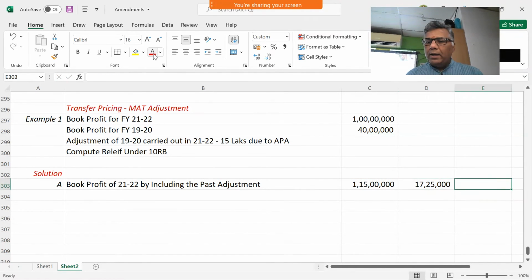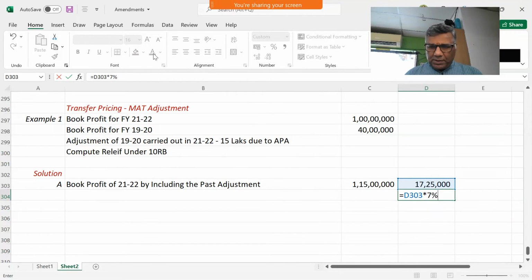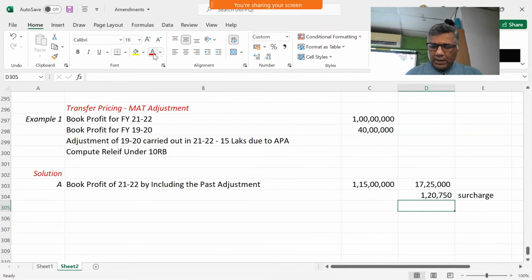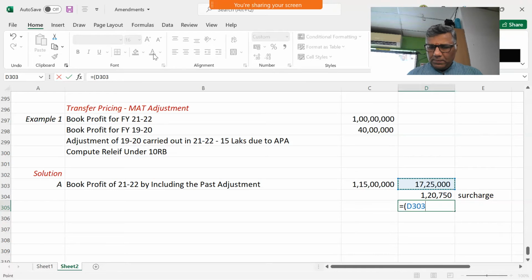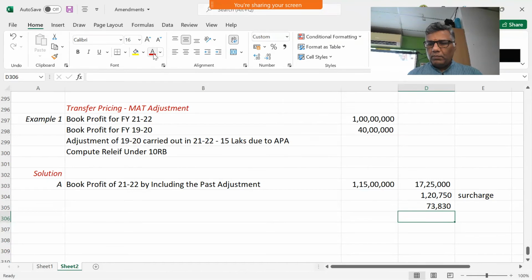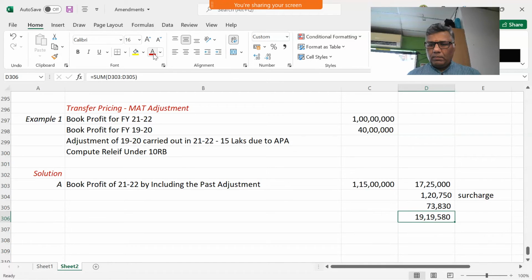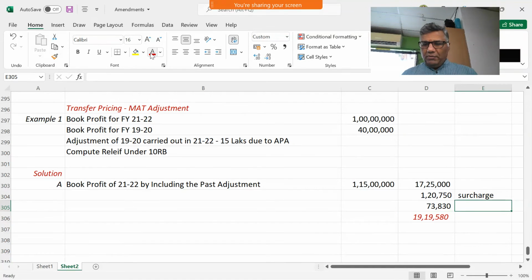Okay. Surcharge is 7%. Okay. HEC is 4%. I am getting 19 lakh 19,580.